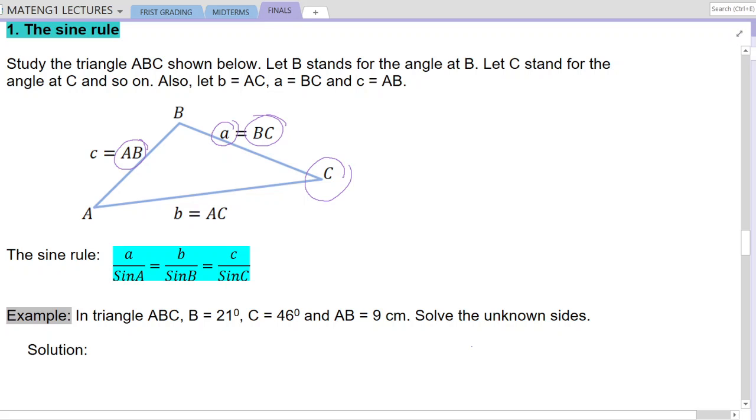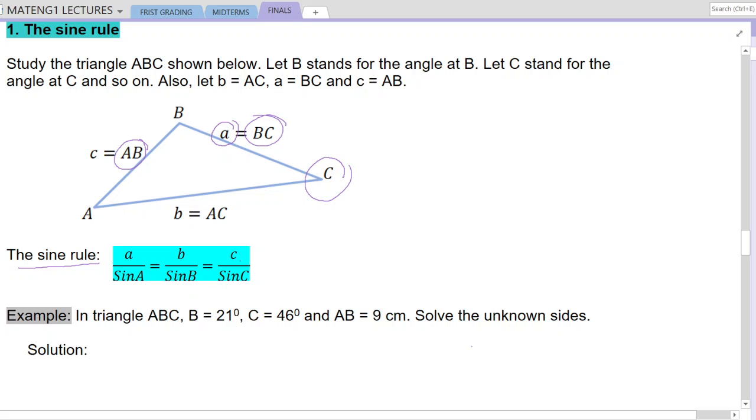So the sine rule is: A over the sine of its opposite angle A is equal to the opposite side B over the sine of the opposite angle B.